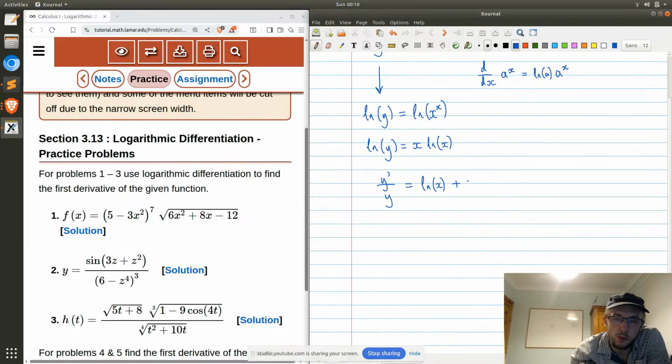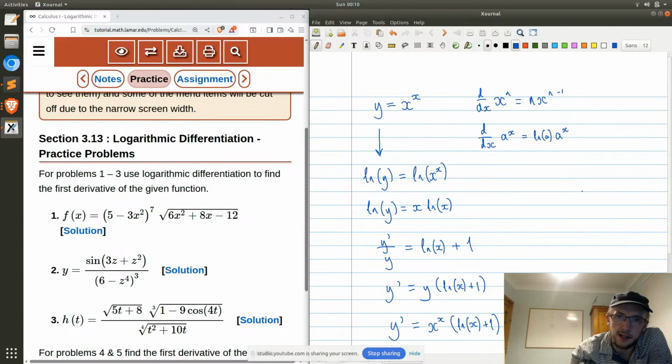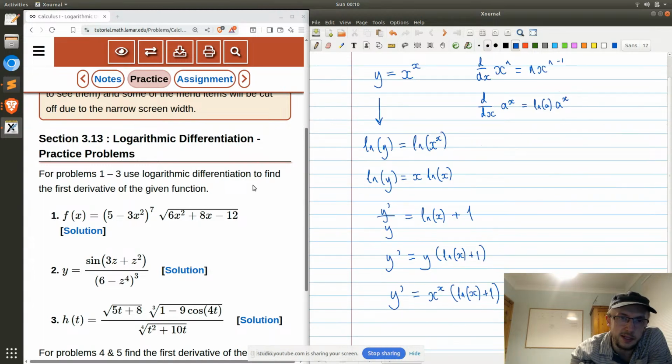Yeah, so 1. So then y prime is equal to that. And so y prime is equal to this. Something like that. I remember something like that for logarithmic differentiation.